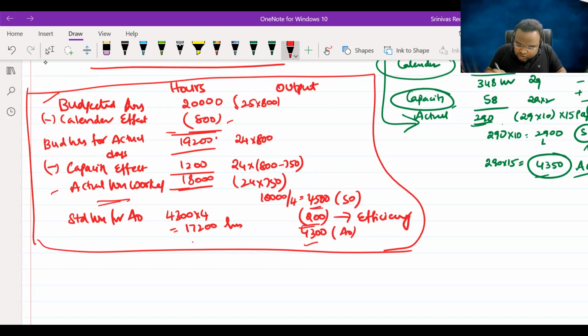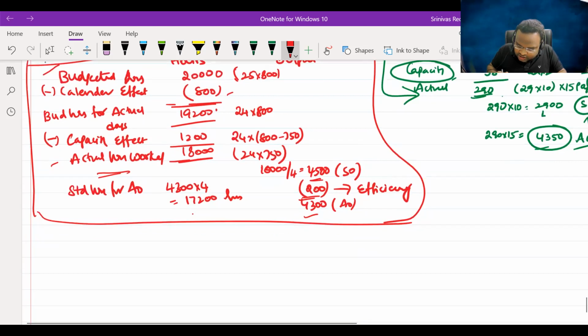That means 20,000 output is how much amount? Now I'll come to output. Sir, I have planned to work for 500 units amount. 800 hours means each unit 4 hours.